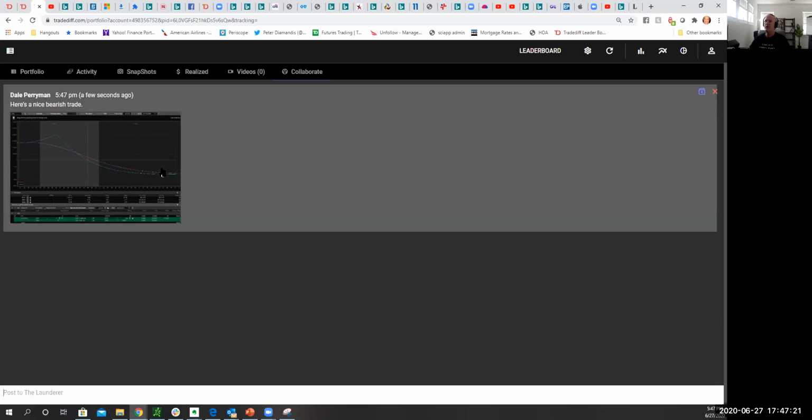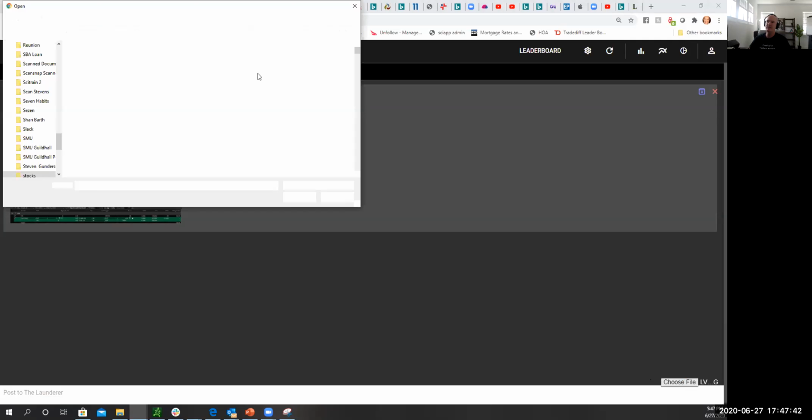So what's cool here, Masu, is I've now posted this risk graph under the Collaborate tab in your portfolio. The way I did that is you go down to this little white strip where it says post to the launderer, and I choose a file that I've saved on my computer.